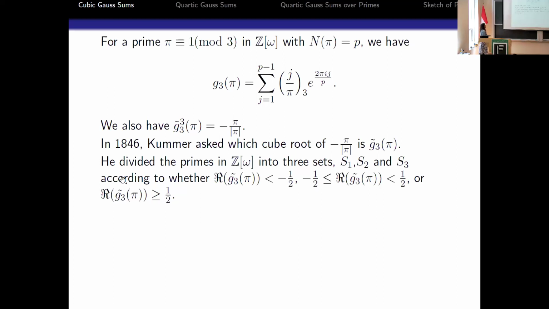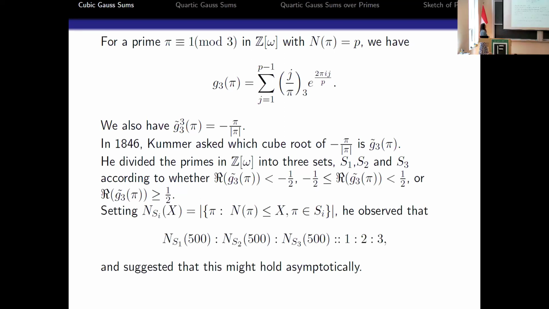And then he computed these quantities right here: the number of prime elements congruent to 1 mod 3 in Z[ω] whose norm is less than x.